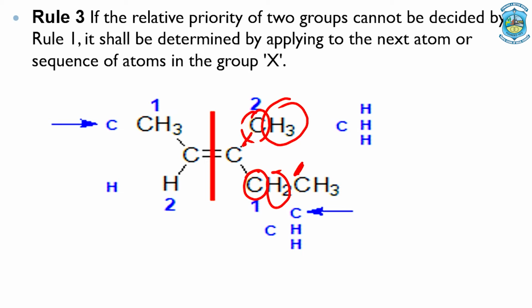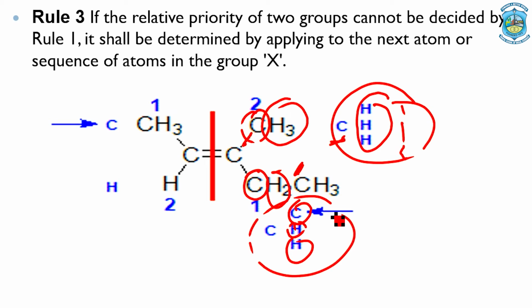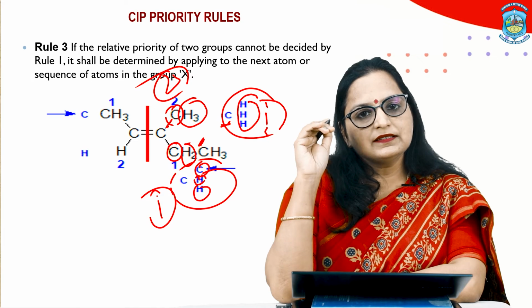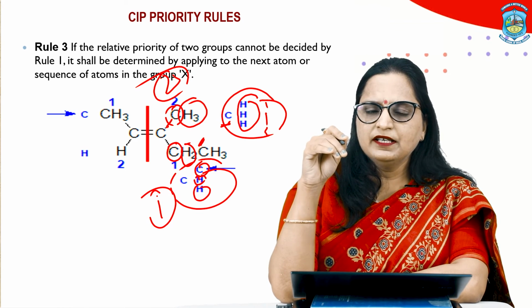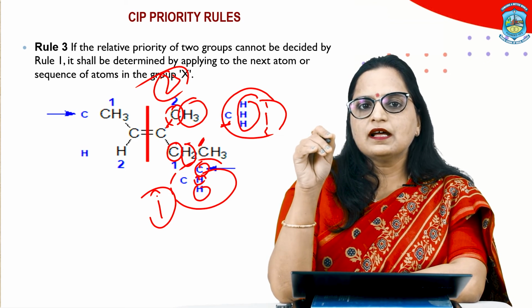As is clear from the picture, we have carbon with 3 hydrogen and here we have carbon with 1 carbon, hydrogen and hydrogen. Comparing the mass, you can see that 1, 1 and 1 is lighter in comparison to this one. So, this gets the priority and this gets the lower priority. So, by using these 3 rules, you can assign higher and lower priority on the two substituents attached to the double bond carbon.